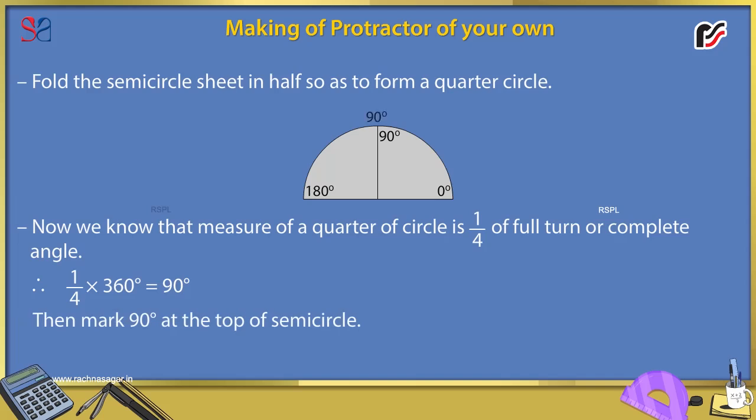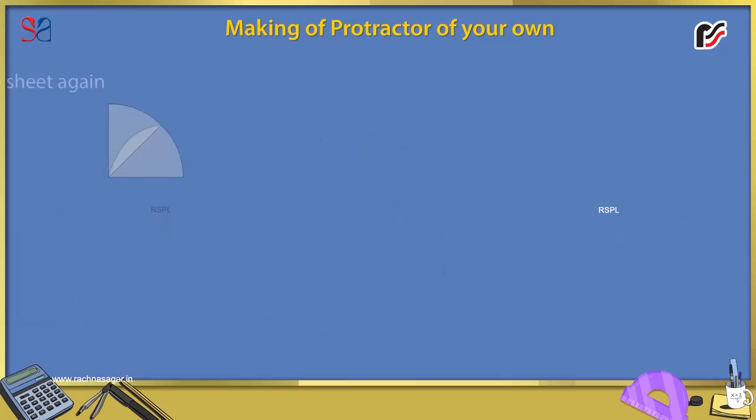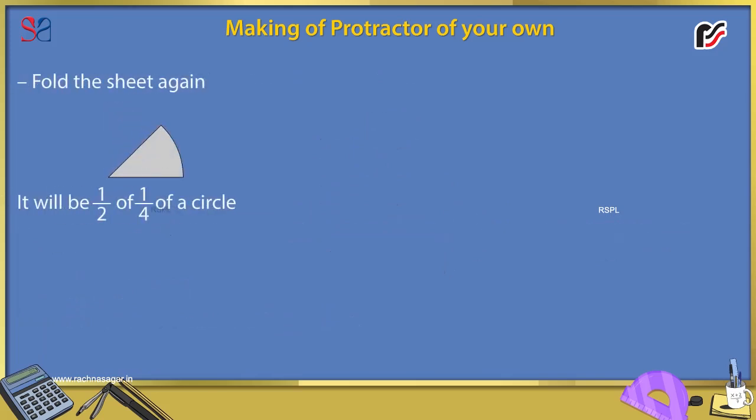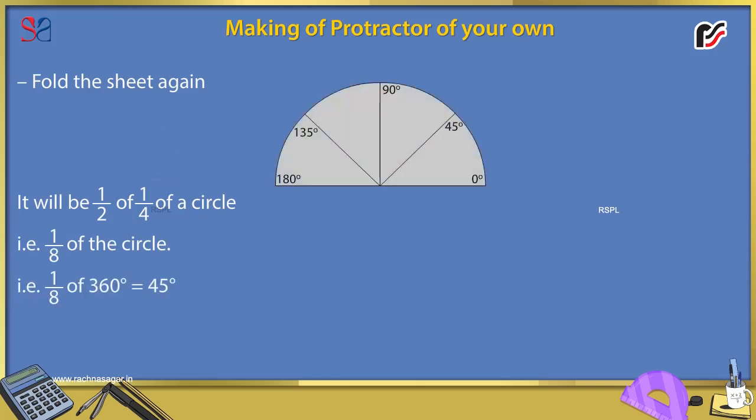Then mark 90 degree at the top of the semicircle. Fold the sheet again. It will be 1/2 of 1/4 of a circle, that is 1/8 of the circle, that is 1/8 of 360 degree is equal to 45 degree.